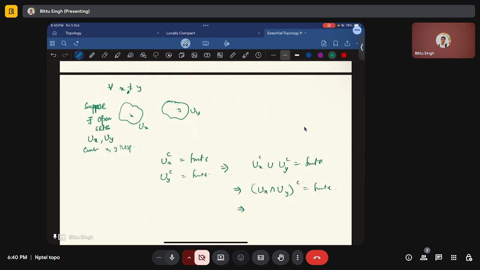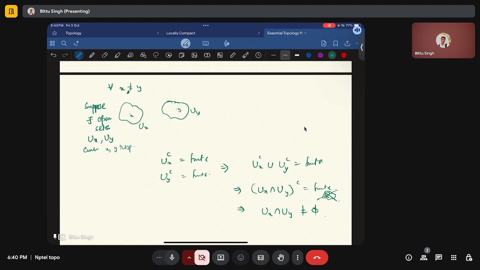So Ux intersection Uy cannot be empty, right? Because if this is empty, this complement should be same as R, but R is not finite, right? So this is a contradiction.